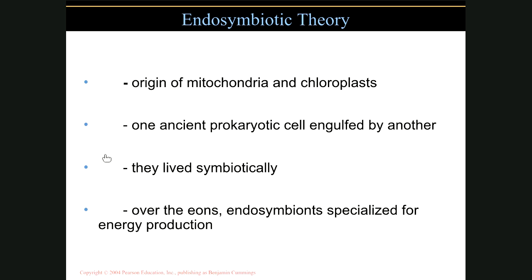Because without mitochondria and chloroplasts, there would be no complex multicellular organisms, because a complex multicellular organism needs a lot of ATP. So did plants also rise from that? Yep, plants both have mitochondria and chloroplasts.